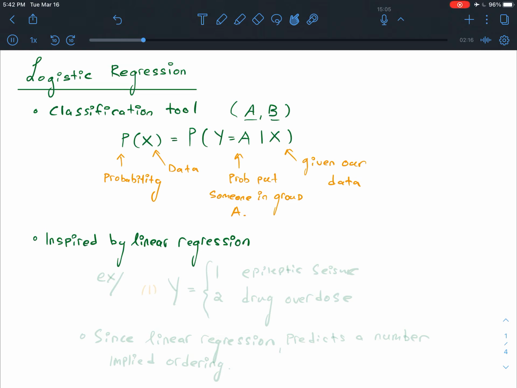To see this, we're going to take an example. Let's say we were trying to diagnose someone based on some conditions. We're trying to predict Y, and it is equal to 1 if you have an epileptic seizure.